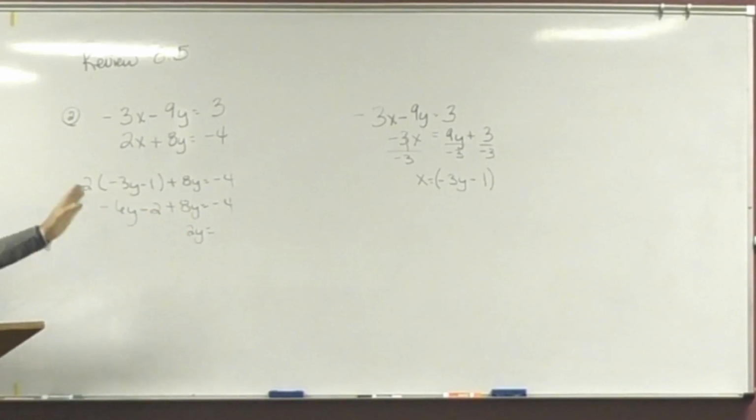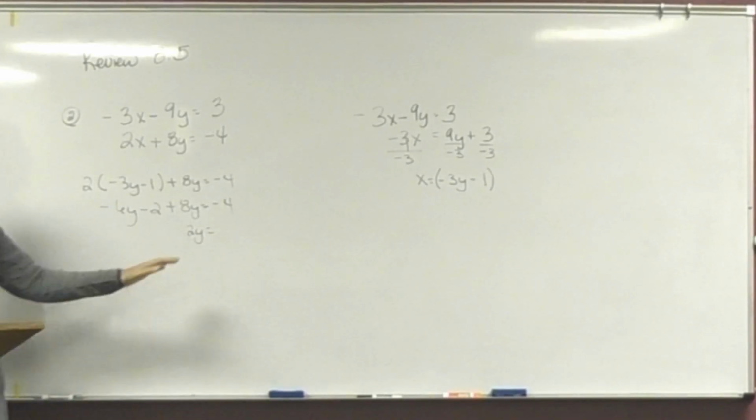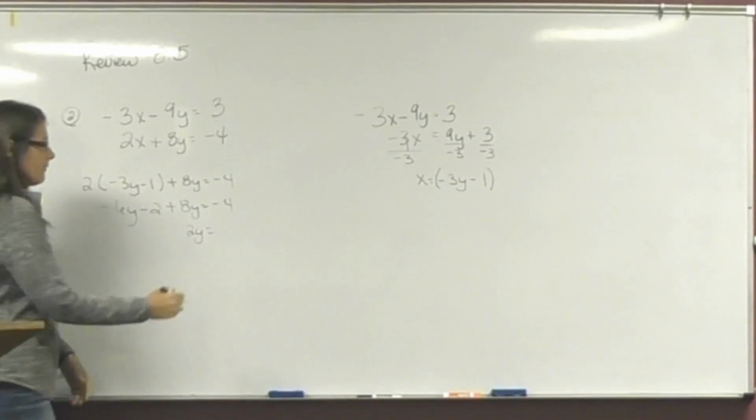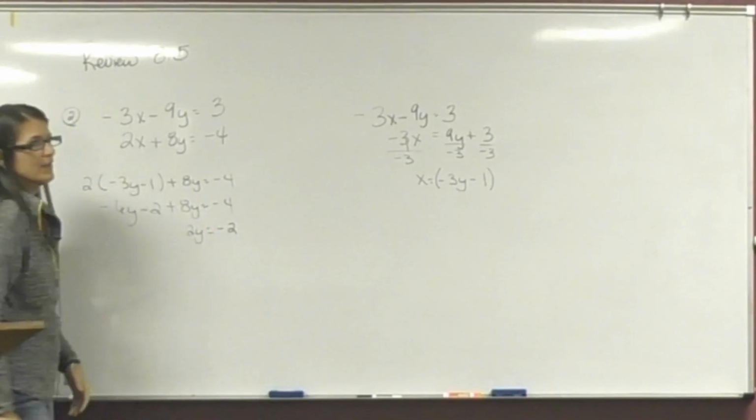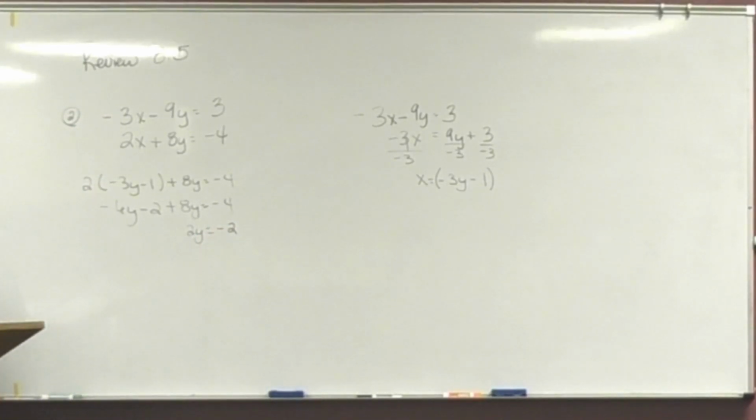I'm going to take that negative 2, move him over, and he becomes positive. When I combine him with a negative 4, that leaves me with a negative 2. I did a lot of steps in one, but I'm willing to bet you can follow because this is pretty old stuff.